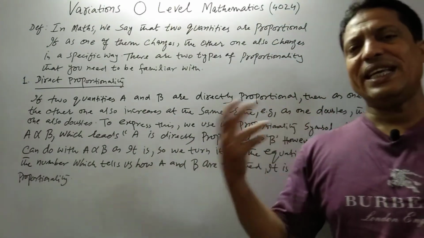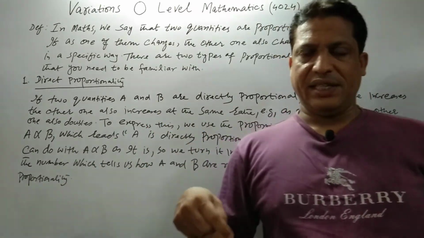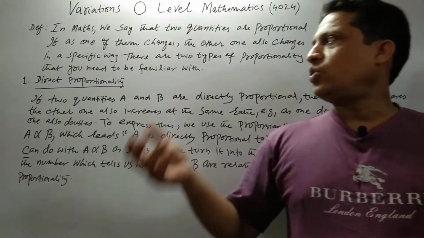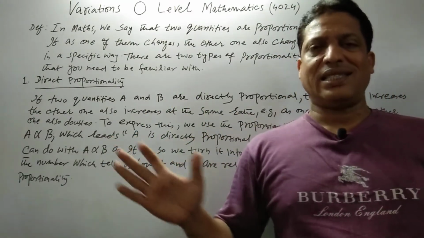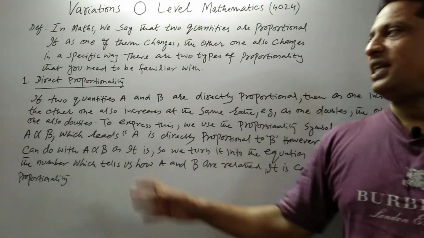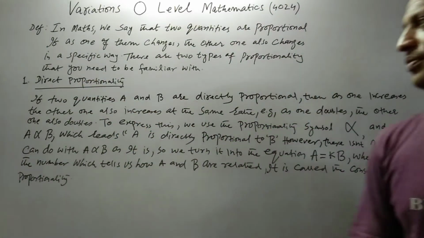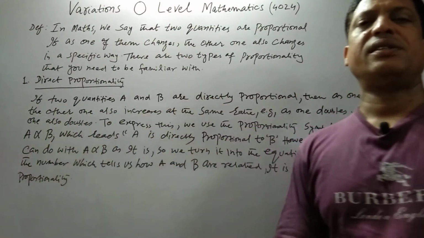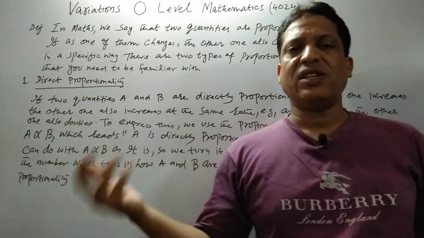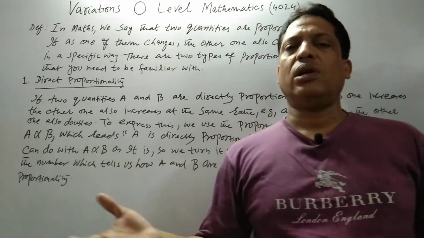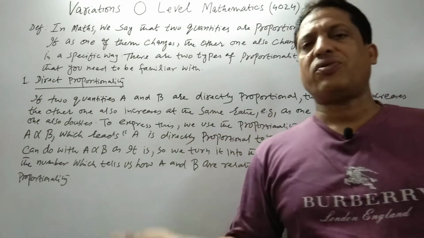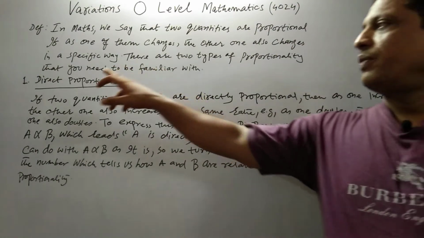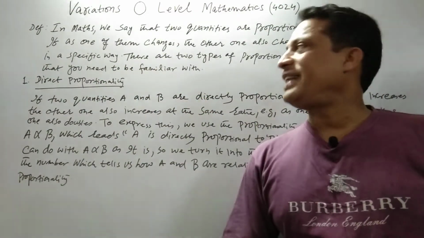If one quantity is increased, the other one is also increased. If one quantity is decreased, the other one is also decreased. So if the rate of change is the same, then we call the relation direct proportionality. For example, as one doubles, the other one also doubles. If we double the first quantity, the second quantity is also doubled. If we halve the first quantity, the second quantity is also halved. Then this proportionality is called direct proportionality.